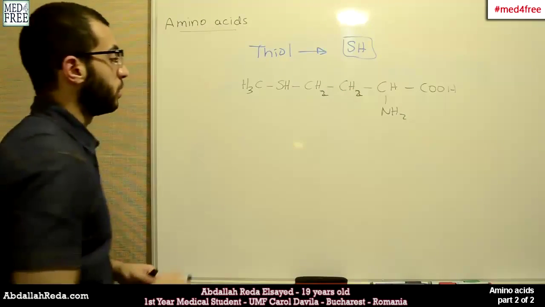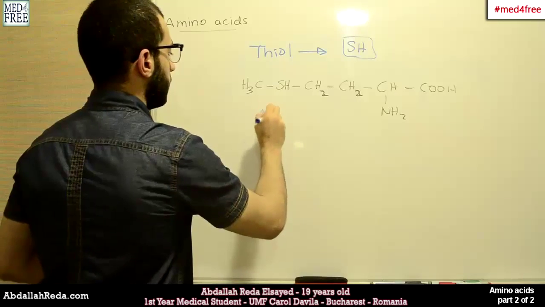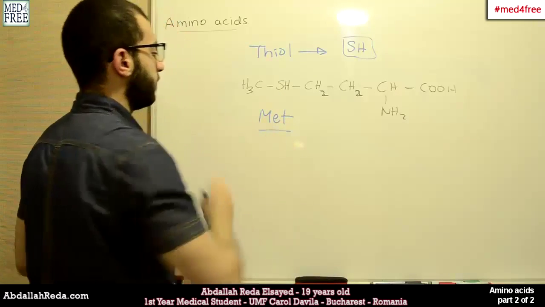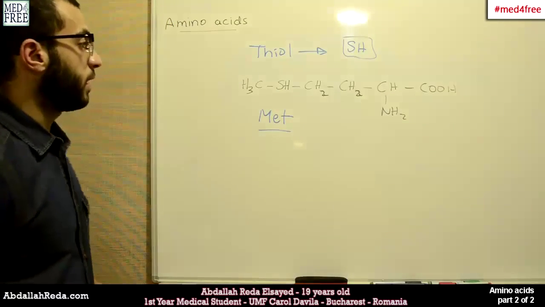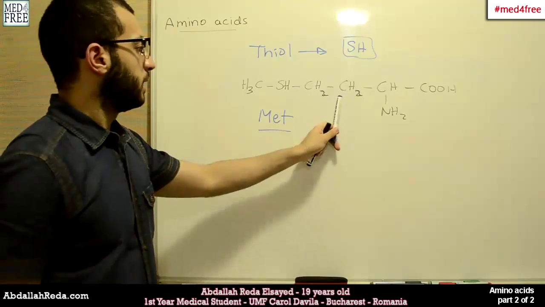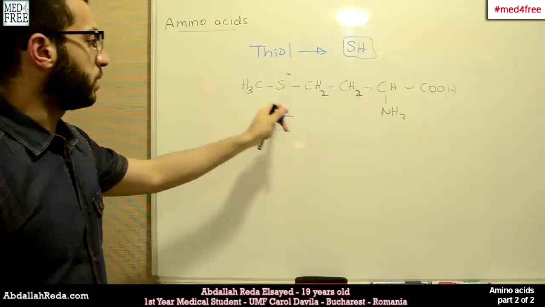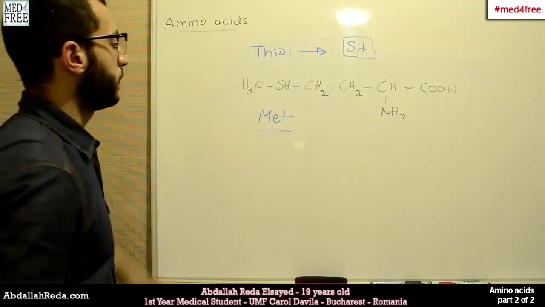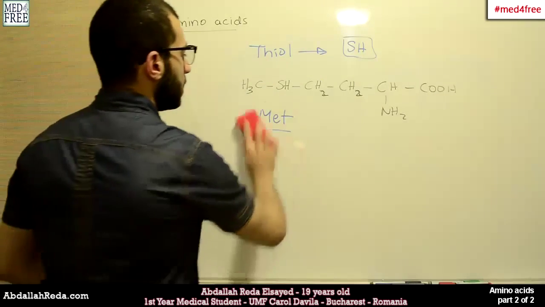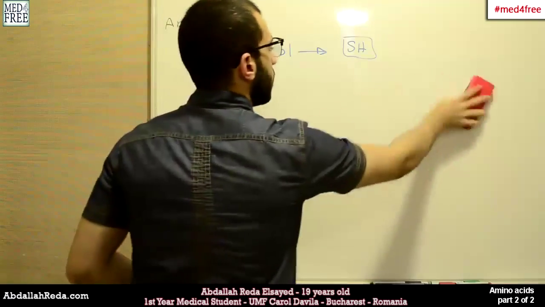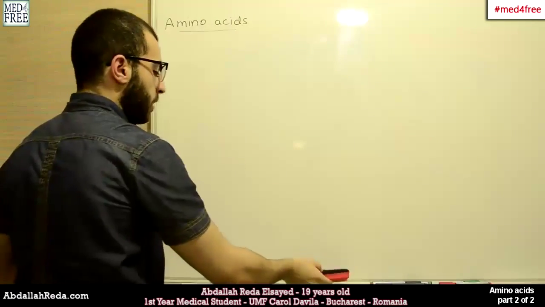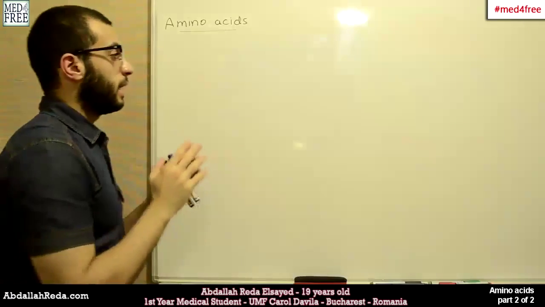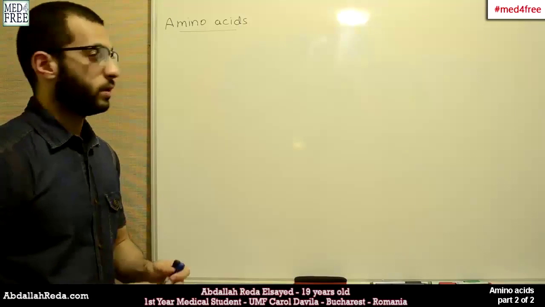This one is called methionine, and it's abbreviated to MET. So these are the amino acids that have a thiol group.